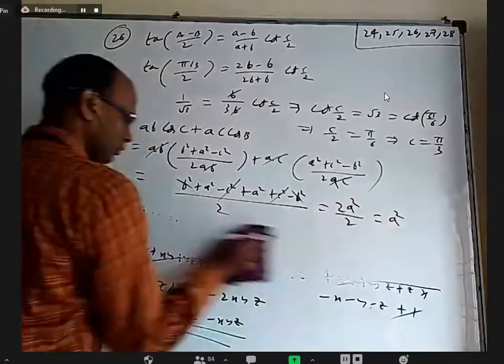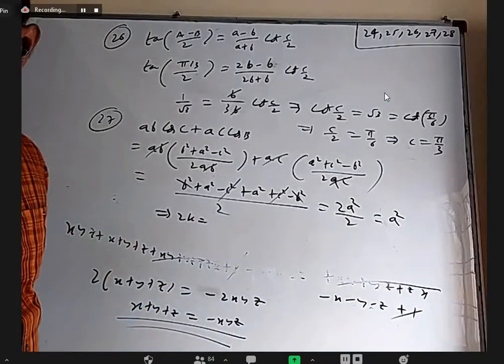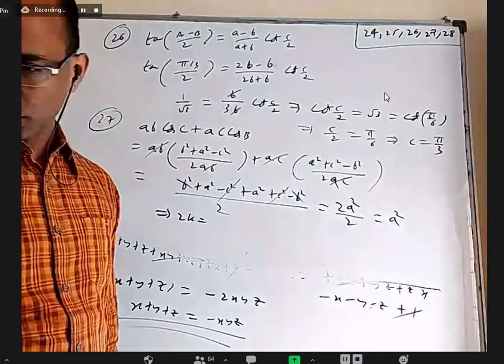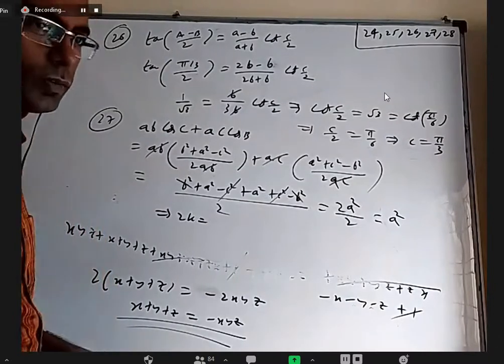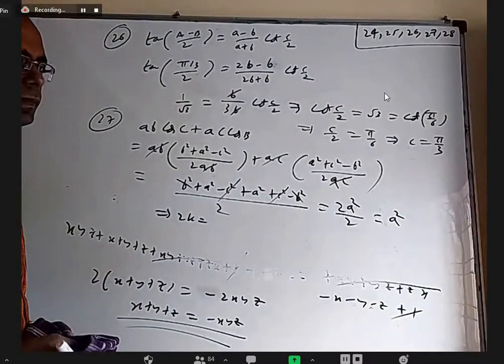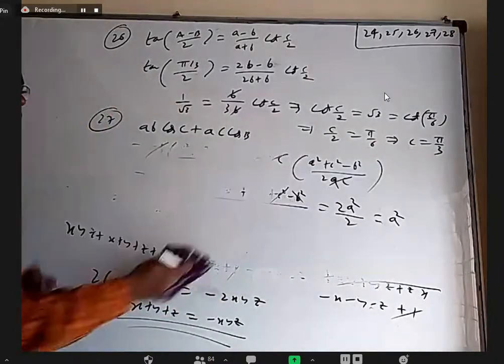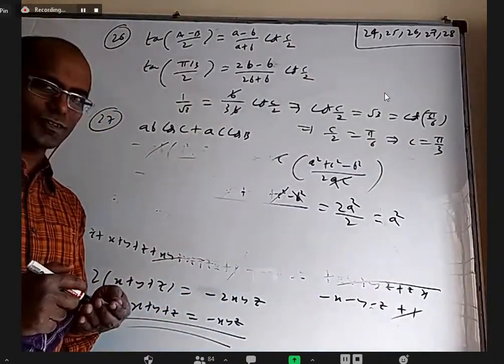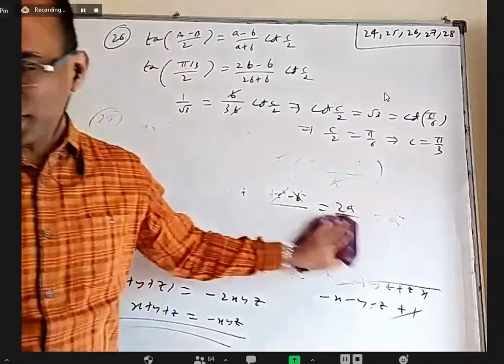Sir, do this with the projection rule also, no, sir? Yes, sir. I think we've done this in the projection rule. Simply we did. Why? I was telling that only. If you use the cosine rule, it will take more time. I forgot, and somebody asked. Okay, simply b cos C plus c cos B is a. That's it.